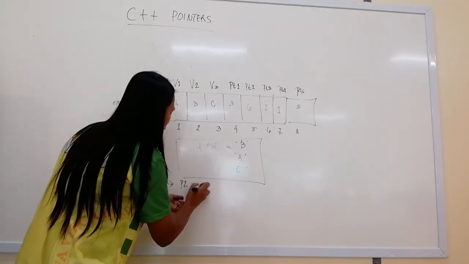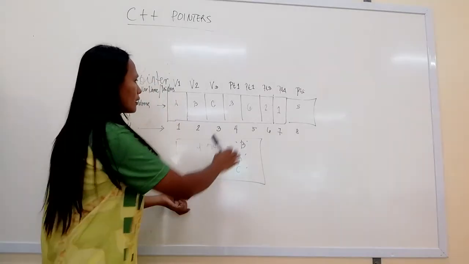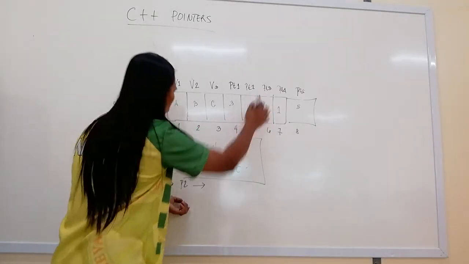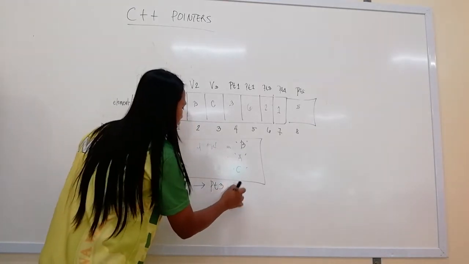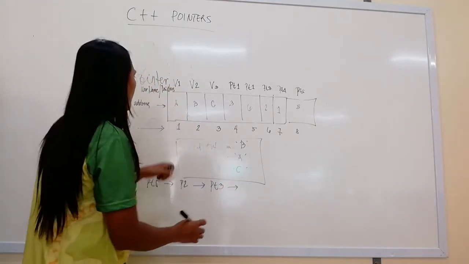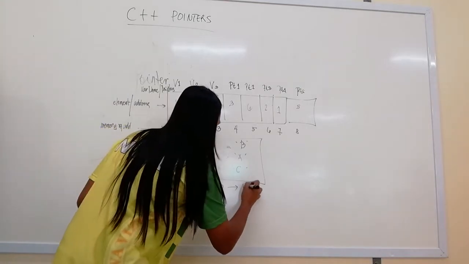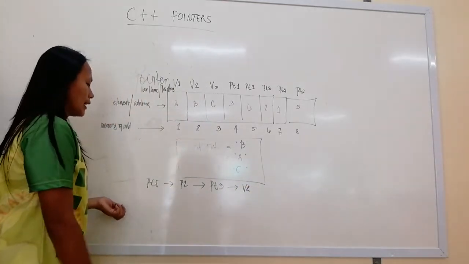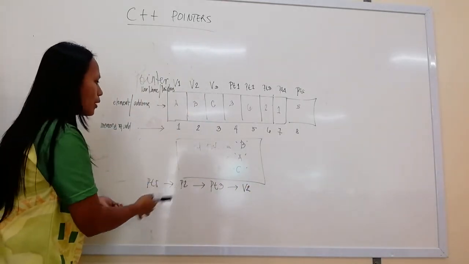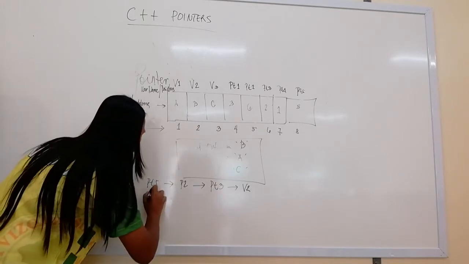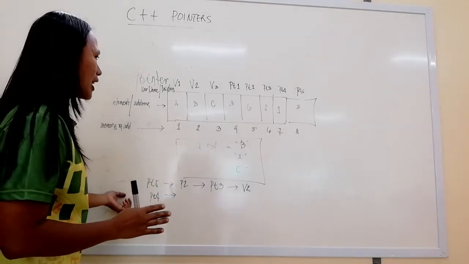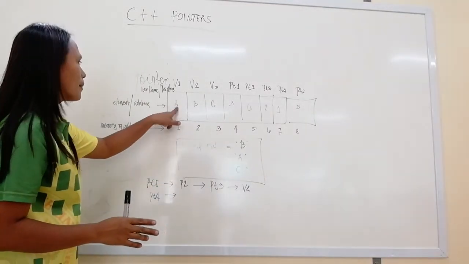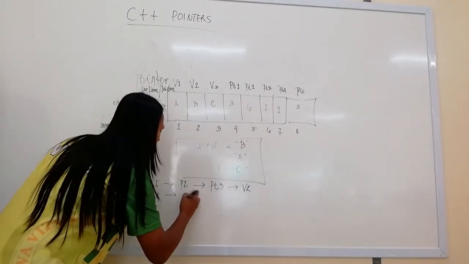Pointer 2 is pointing to the address of pointer 3, which points to the variable B. And then the next one is pointer 4, which points to the memory address of variable 1.